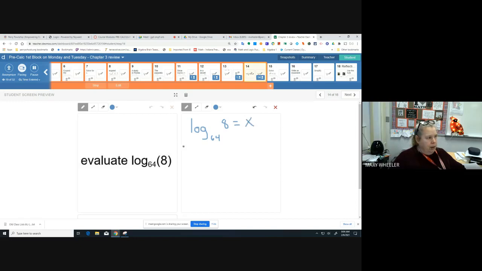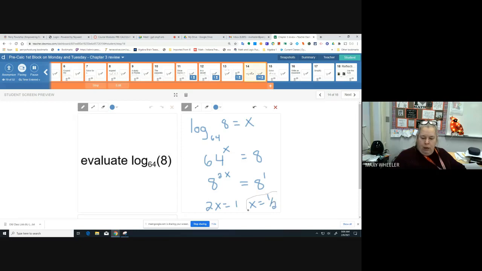I'm going to rewrite that in exponential form. 64 to the x equals 8. And what I noticed right away was 64 is 8 times 8, or 8 squared. Eight, you can rewrite that as 8 to the 1. So 2x equals 1, or x equals 1/2.